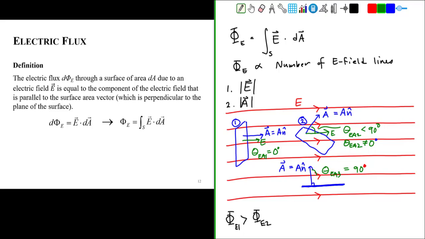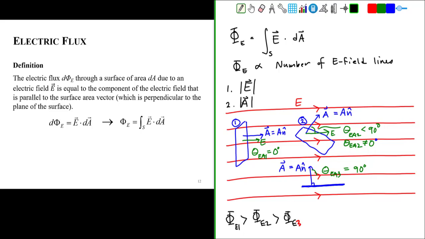Also notice that 0 field lines can pass through that surface when the area vector is perpendicular to the field. So since 0 field lines pass through that surface, it has 0 electric flux, which means the electric flux through surface 3 is less than the electric flux through surface 2, which is less than the electric flux through surface 1.